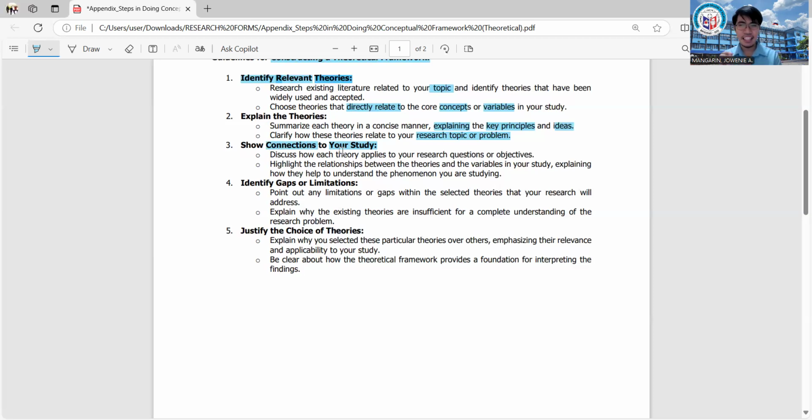Baka naman ipinilit lang. Baka naman ito yung mga tinatawag natin na sapilitan na lang, may masabi na lang na may theory tayong ginamit sa paper natin. No. Mahahalata at mahahalata yan ng mga panelists ninyo and at the same time ng mga readers ninyo. And that's the thing na ayaw nating mangyari.